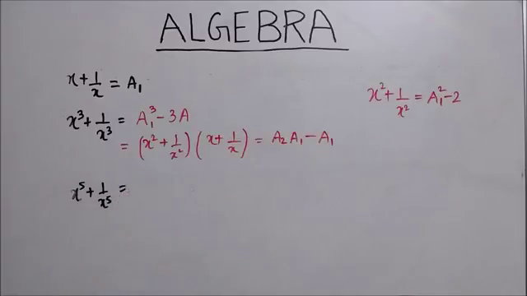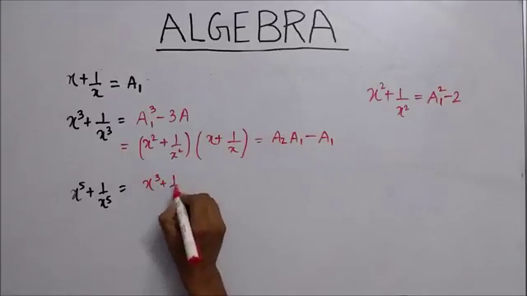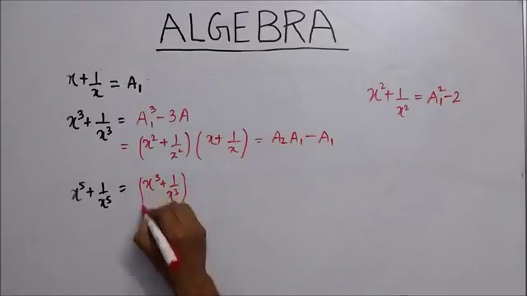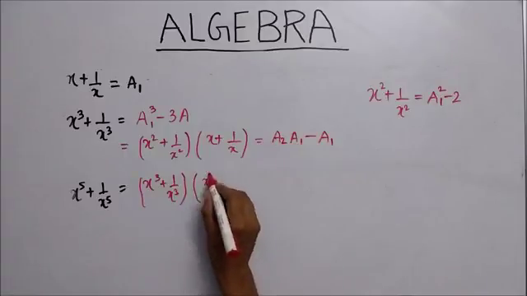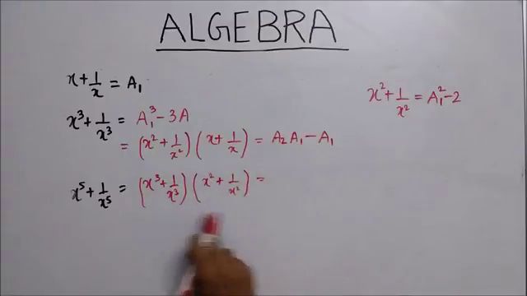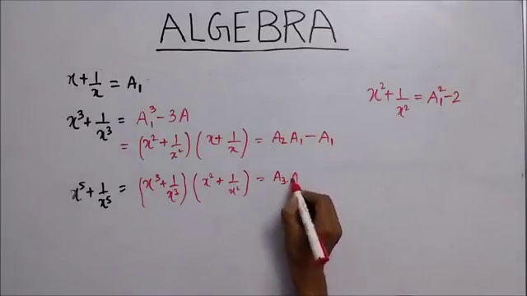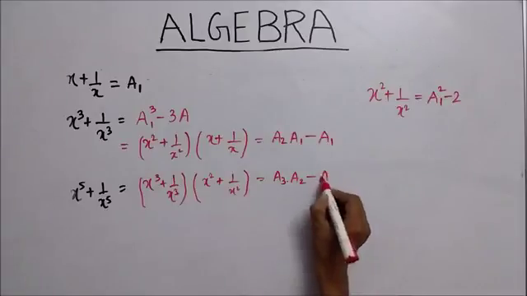Now, similarly, when you have to find out x power 5 plus 1 upon x power 5, just rewrite this power in the form of x power 3 plus 1 upon x power 3 multiplied by x square plus 1 upon x square, and rewrite this in the form of a3 into a2 minus a1.